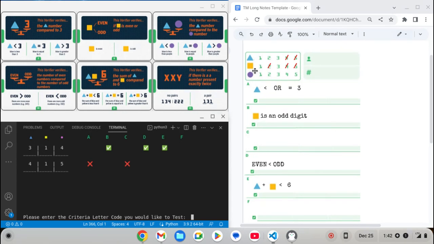Let's go ahead and type that up. And we'll say, in C, that triangle should be either equal to or greater than circle.